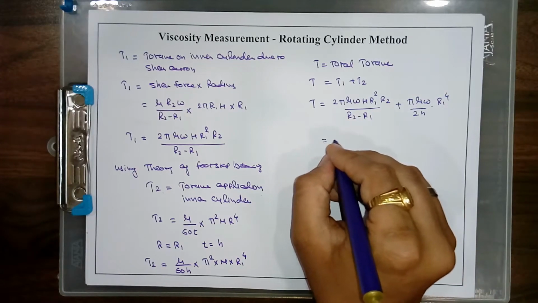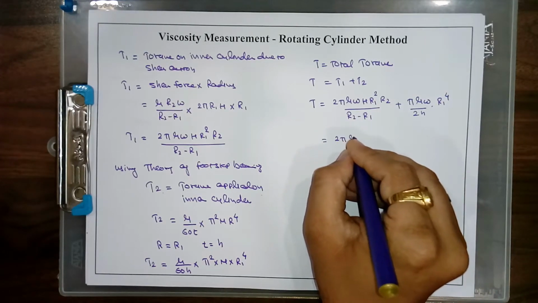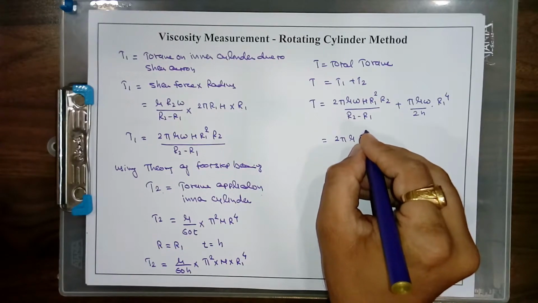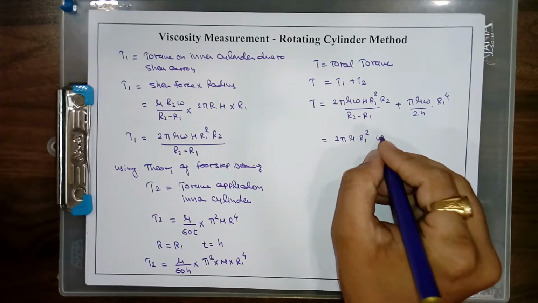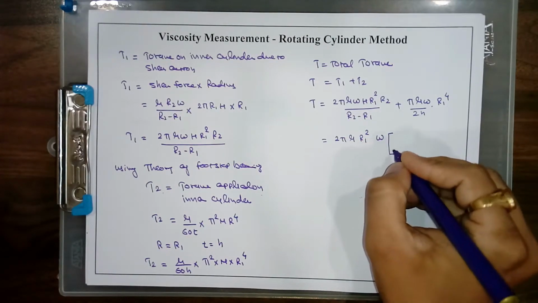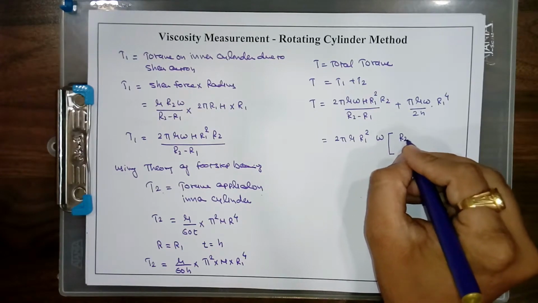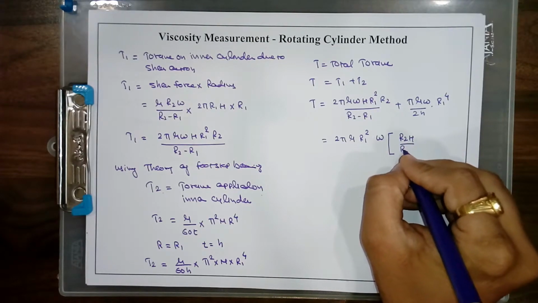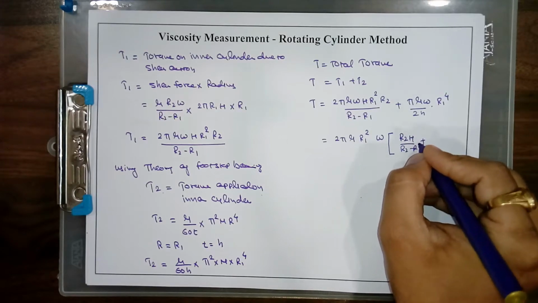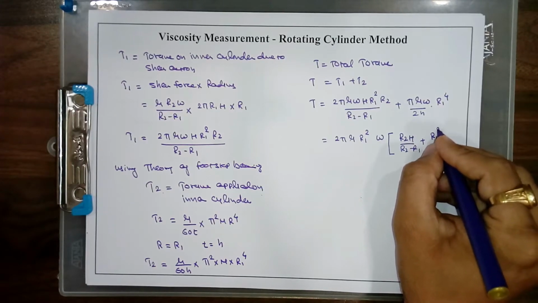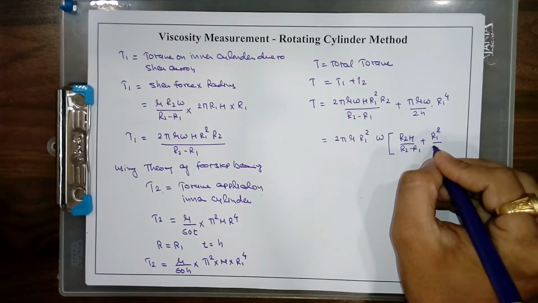Now we take 2 pi mu R1 to the power 2 into omega common from both terms. So the remaining terms are R2 H upon R2 minus R1 plus R1 square divided by 4h.